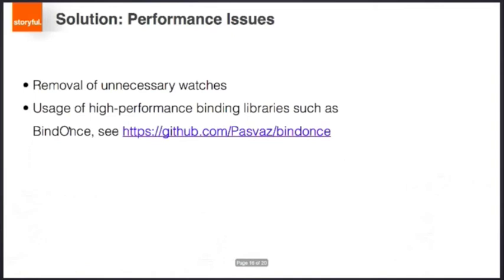There are a couple of solutions for this, like removing unnecessary watches and checking which of your objects don't need to be updated all the time. There are also high-performance binding libraries such as bind-once. Those are just tips from our side.